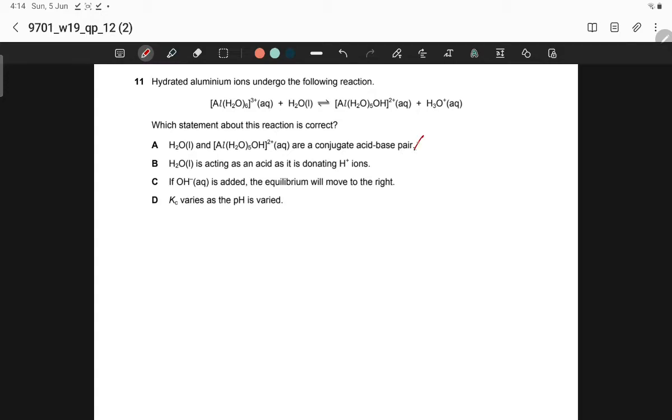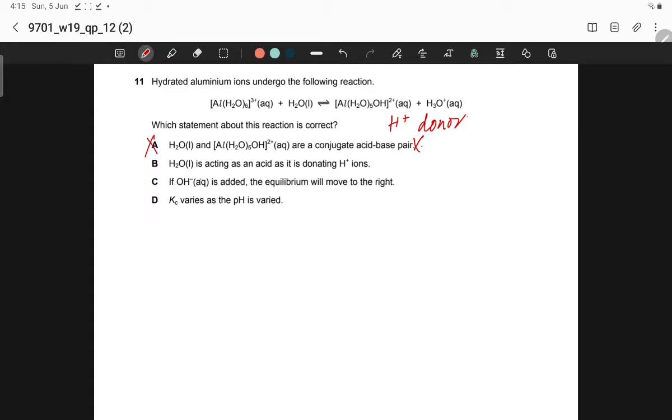No, this is not a conjugate acid base pair because this is hydrogen donor. So this is not correct.